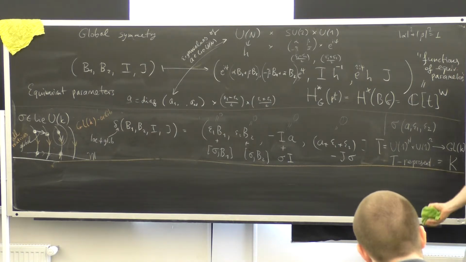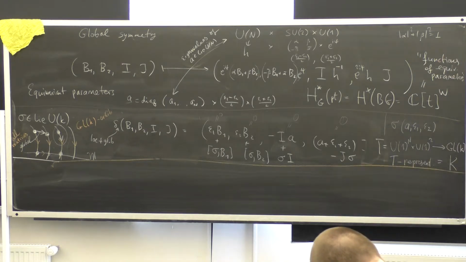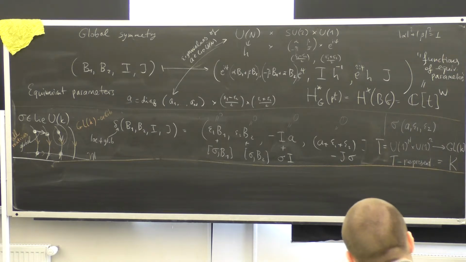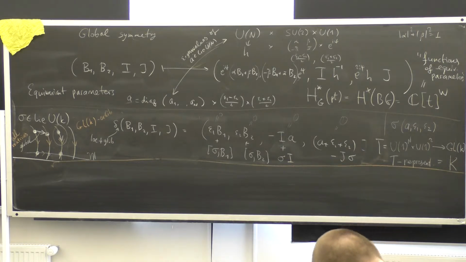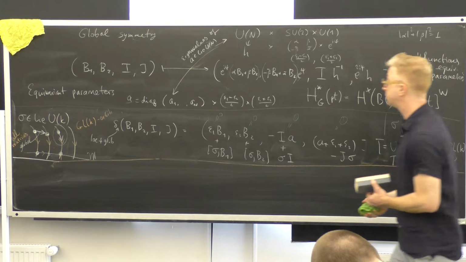And every representation of an abelian group splits as a direct sum of irreducible representations, which are one complex dimensional spaces.